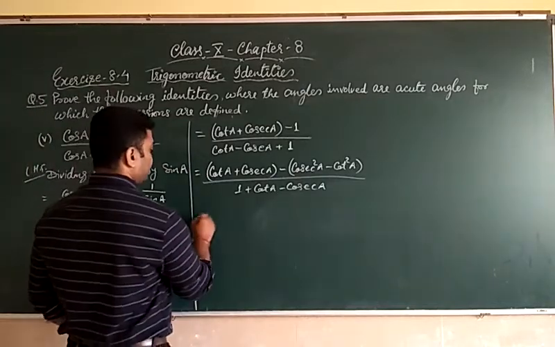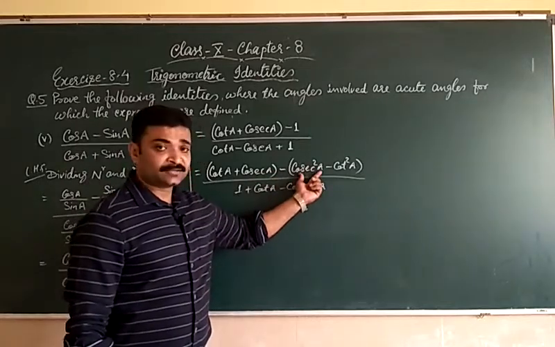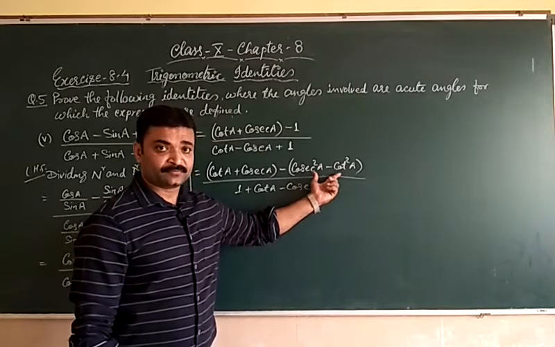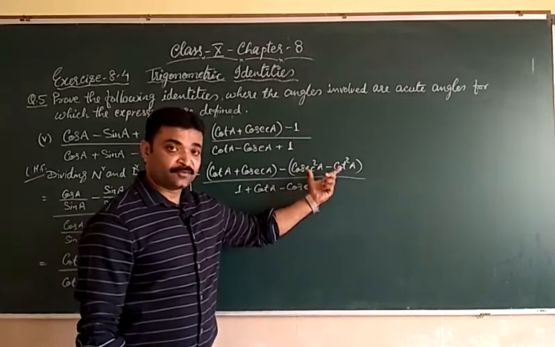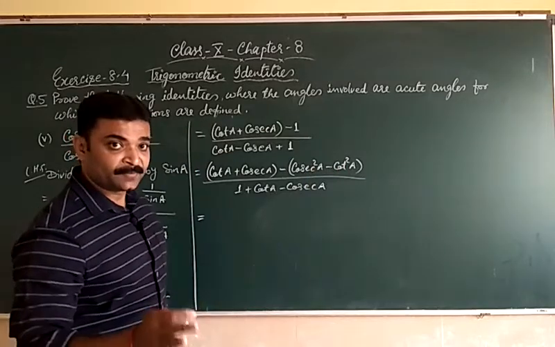Now here again we see that this bracket is in the form of a square minus b square, so we can write it as (a plus b)(a minus b).